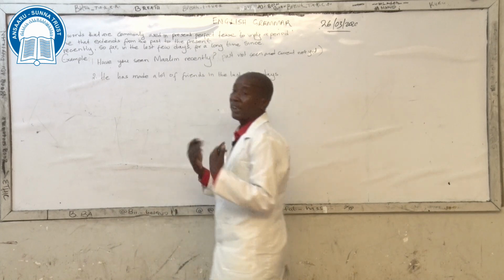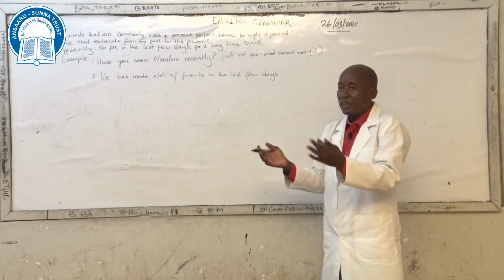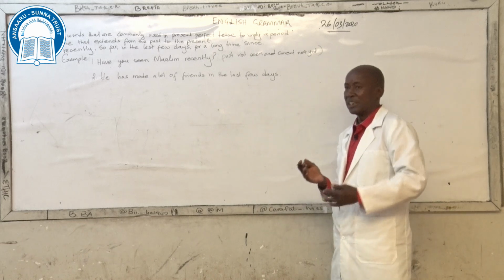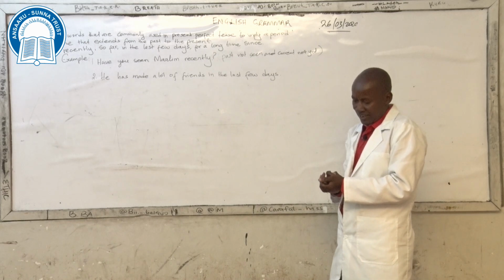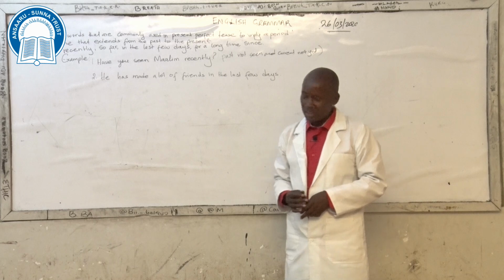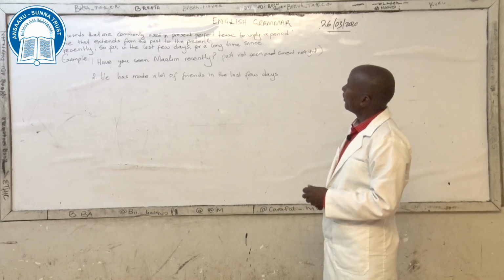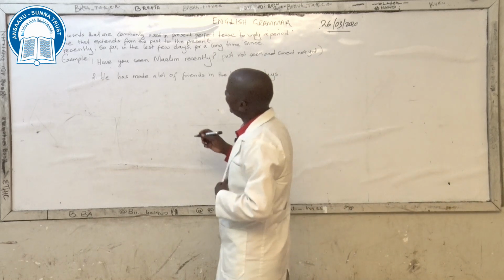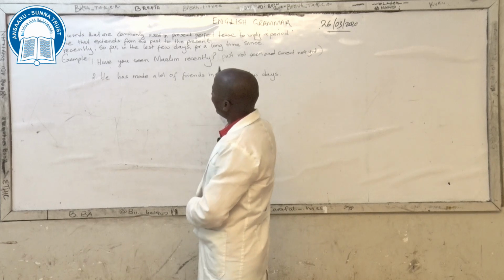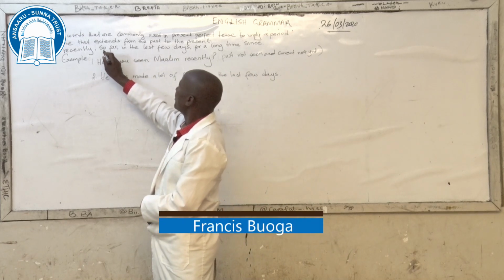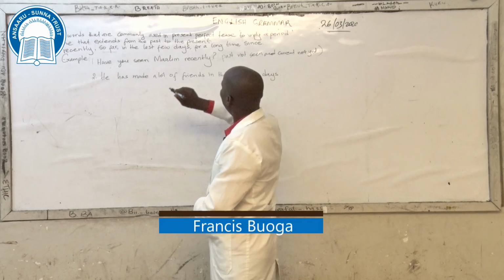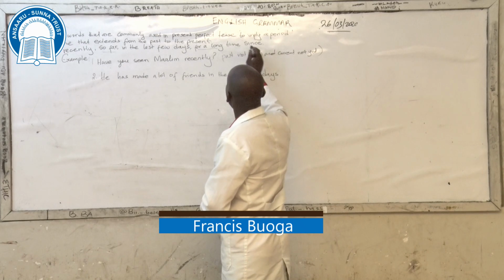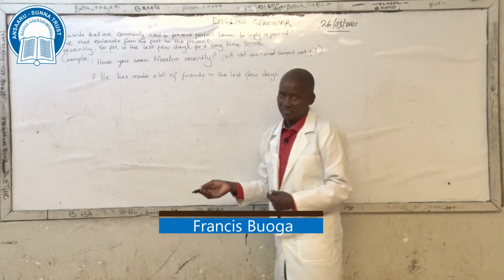He's still making friends, but there's a short period, the last few days he's been doing it, and it actually is still on. I would like you to make sentences of your own using the ones that I've not mentioned so far: for a long time, and since.